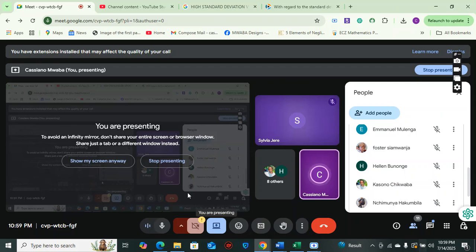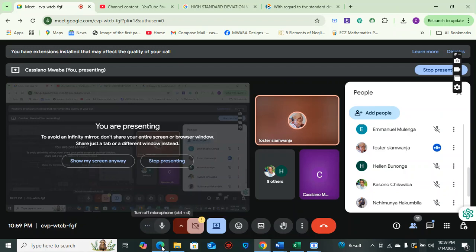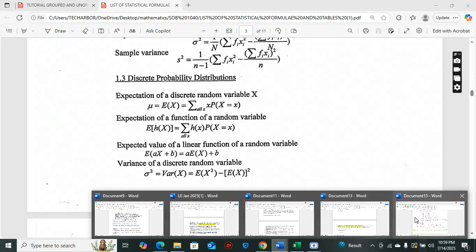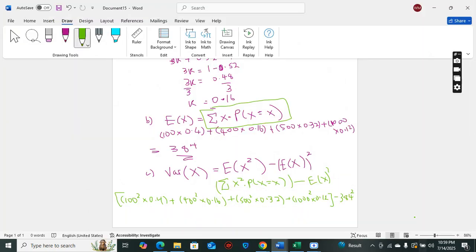Because you all do research in your fourth year, you will be required to select a sample size for your research. So you meet these things in your research.